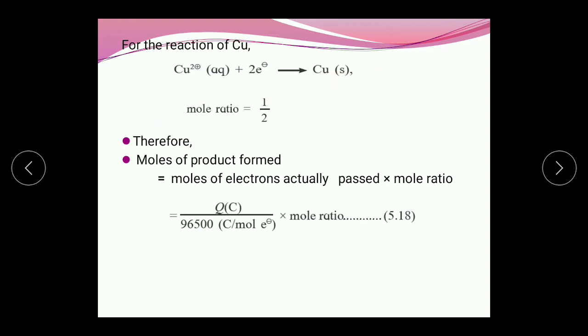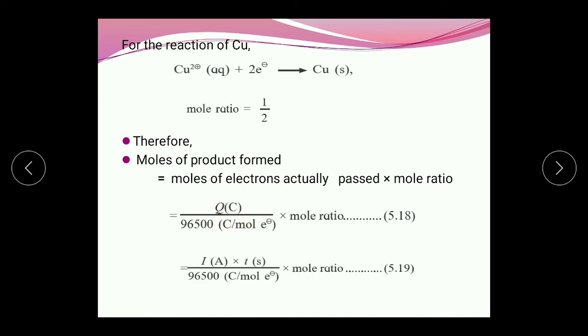So we can carry out electrolysis of any electrolyte. The only thing is, we have to write the correct anode and cathode reactions to calculate the mole ratio. By multiplying that mole ratio with the moles of electrons actually passed, we can calculate the moles of product formed. But what is Q?